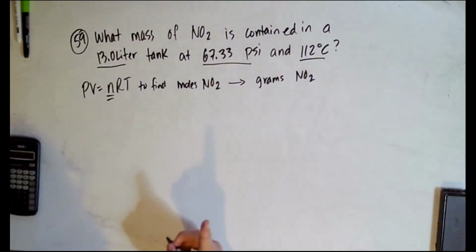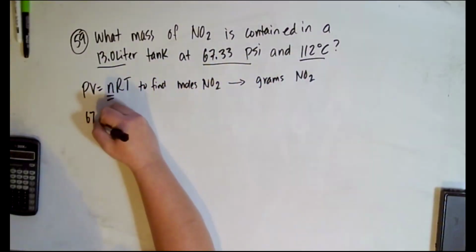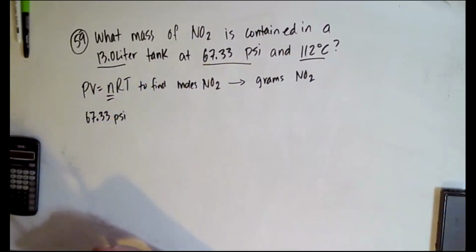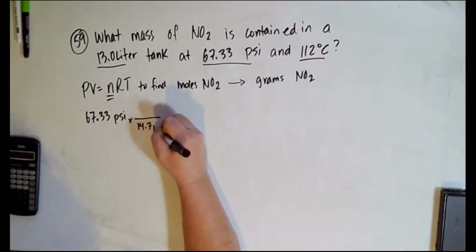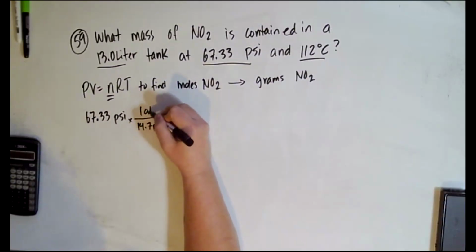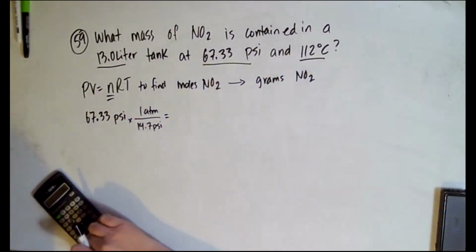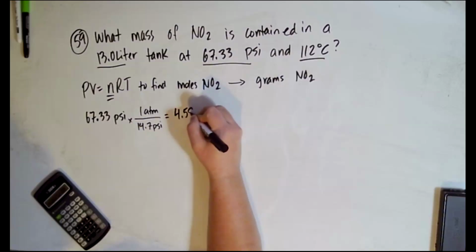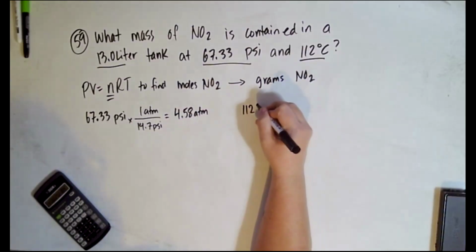Okay. But before we do that, we have to take our pressure and our temperature, and we have to convert that into our ideal gas law units. And we're going to have our 112 Celsius.